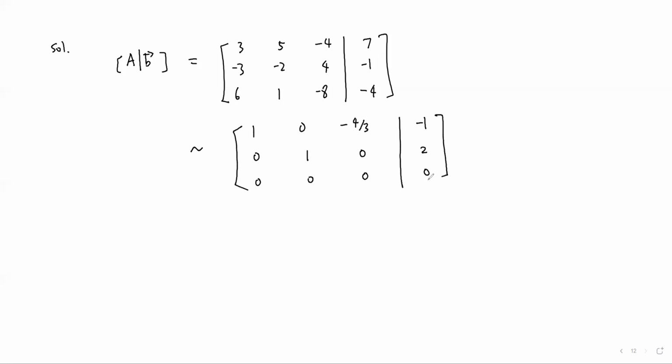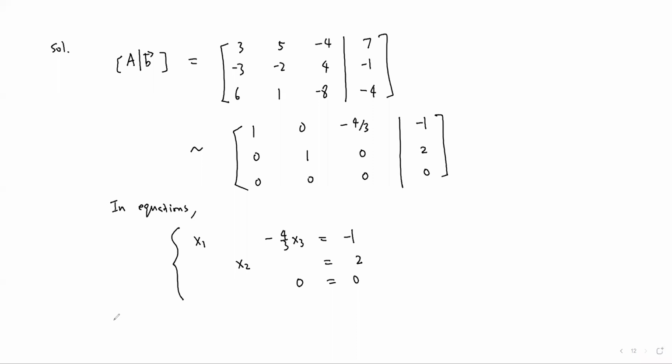In equations, the first row is x1 minus 4/3 x3 is equal to the right-hand side, -1. Second row, x2 is 2. Last row, 0 is 0.